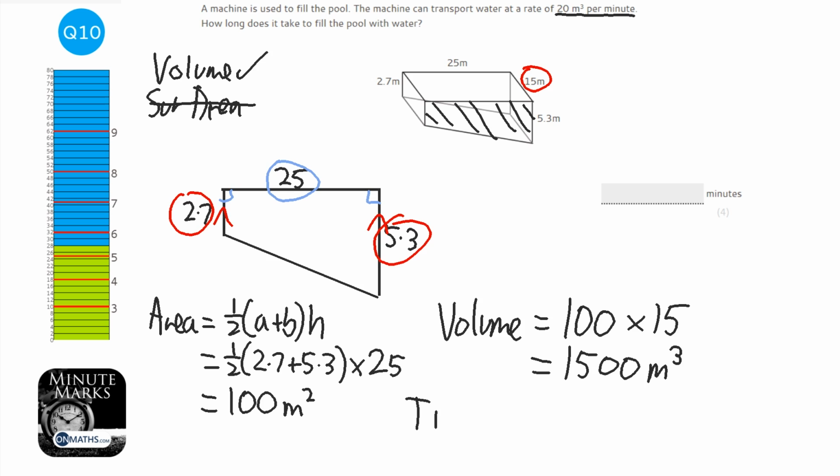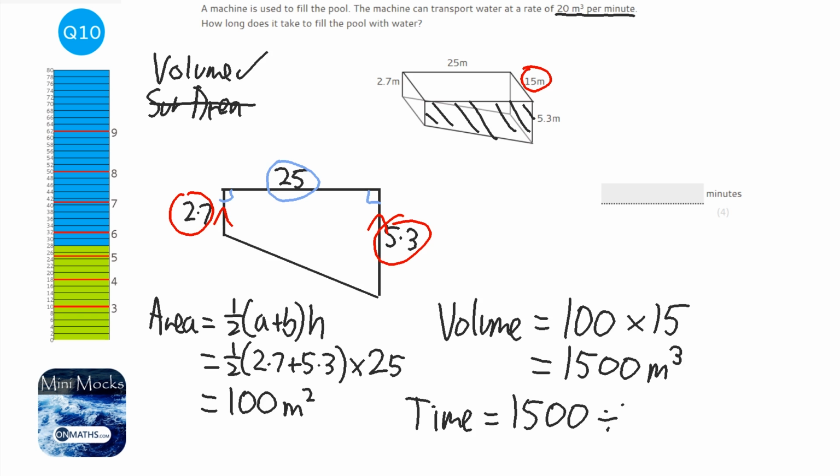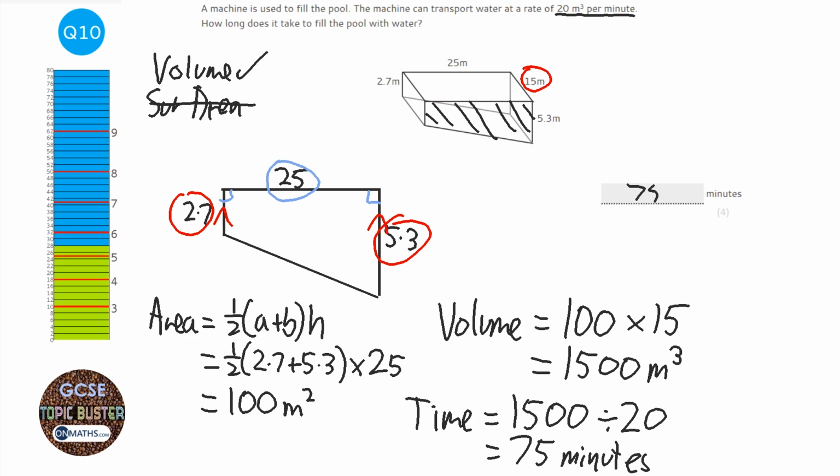So we can say time equals how much it's got to fill, over how much it does per minute. So on the calculator, 1500 divided by 20, which equals 75 minutes. So it's going to take 75 minutes to fill the pool.